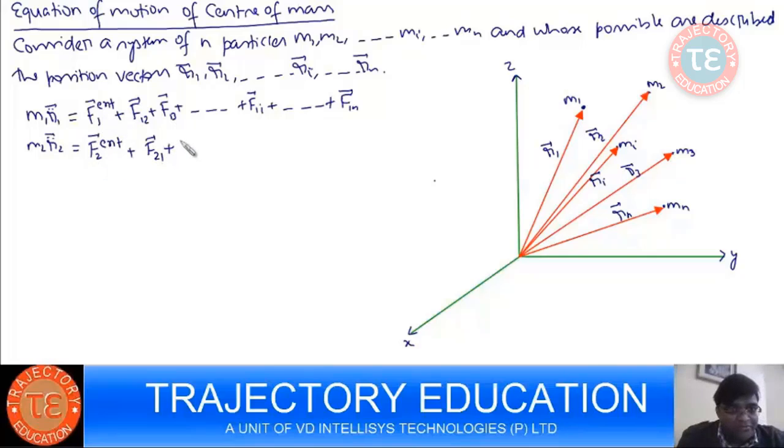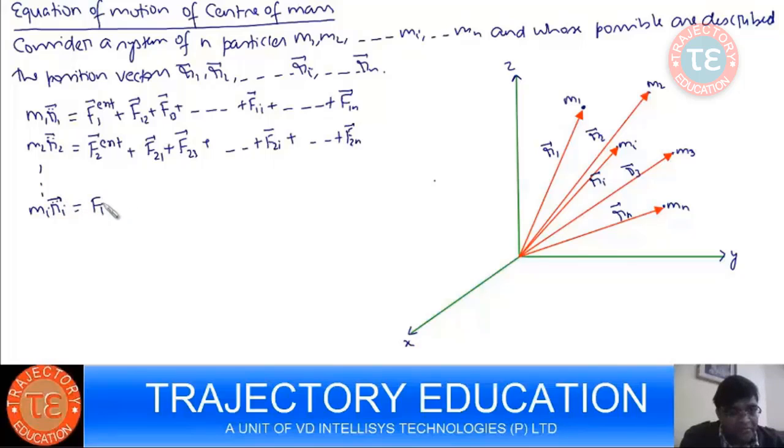Similarly, f2 external, f23, f2i, f2n, and similarly I can write equation of motion for ith particle.